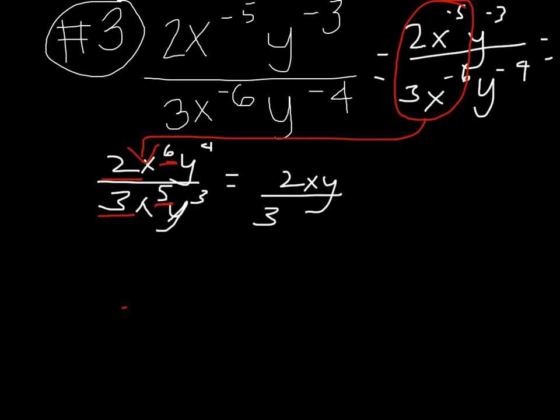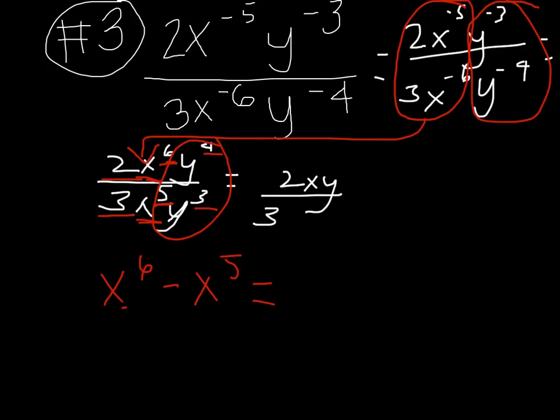After that, you go to the y's, which is y to the negative 3rd over y to the negative 4th. Again, you do the same thing: flip it, so it makes it positive. Then you combine them and subtract the x's. So it'd be 6x squared minus 6x to the 5th, and you just get x.